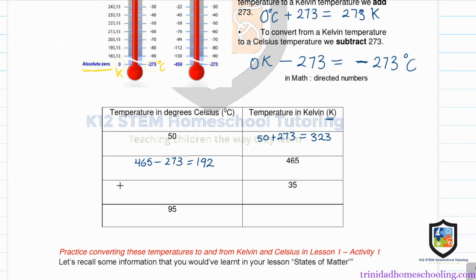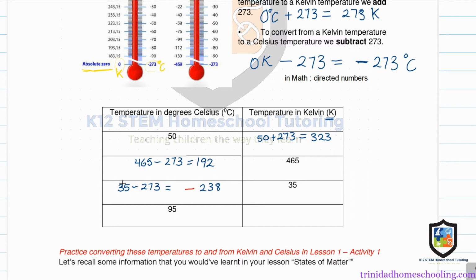Now in this case here, we have 35 kelvins and we want to subtract 273. So with the directed numbers, we subtract as normal. So that means 273 minus 35 will give me 238. And we keep the sign of the larger number.